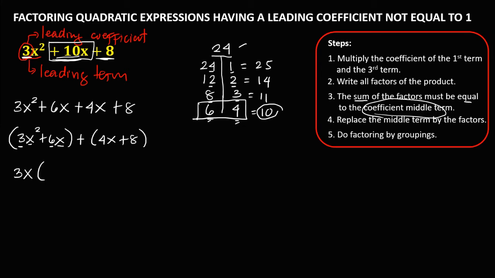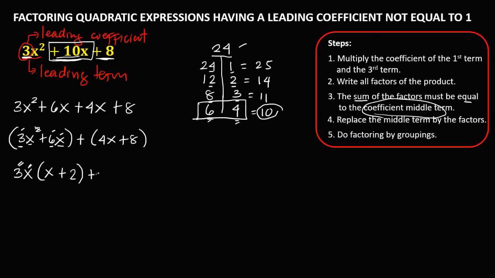Then simplify. So this 3 divided by 3, that's 1. x squared divided by x, that's x. Then plus 6 divided by 3, that's 2. And x divided by x, that's 1. So these are the factors for the first group.